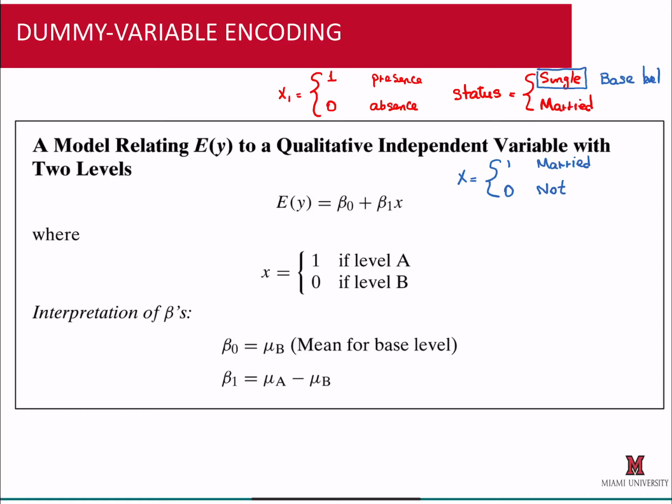Okay. All right. So just going back and reviewing, if we have a variable status, which is binary, taking two values, single and married, the first step is to choose a base level. Once we choose the base level, then we create dummy variables for each of the levels left that are not the base level.